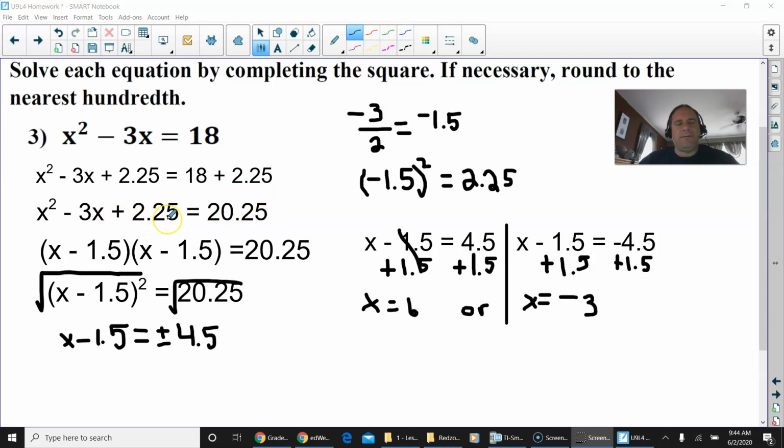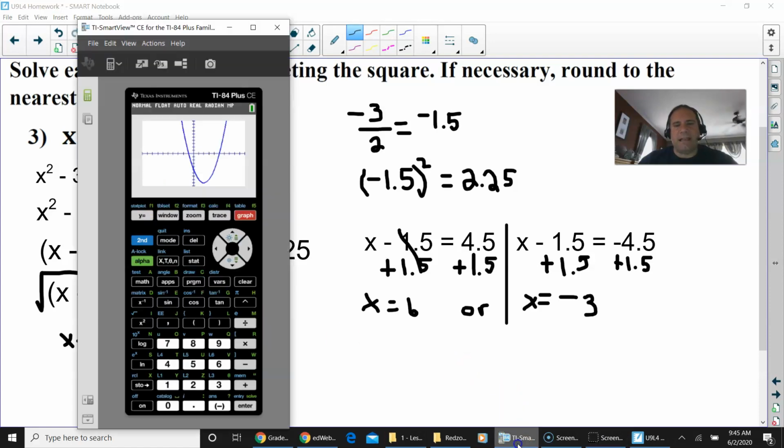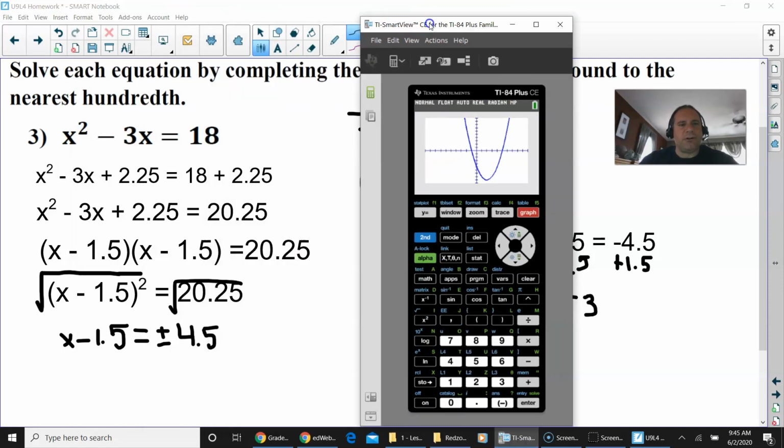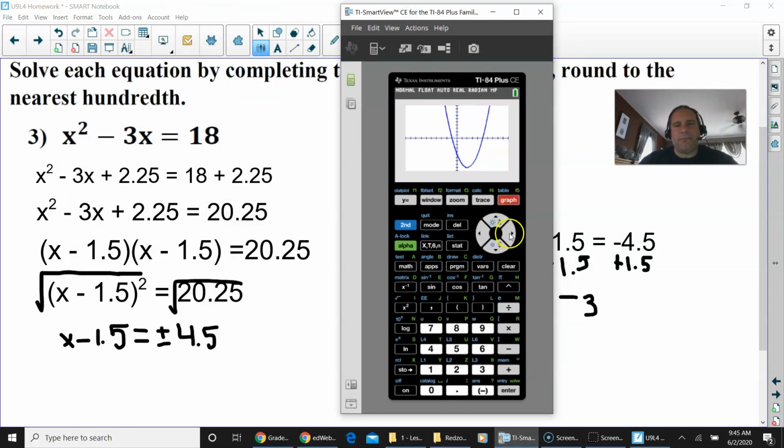If you factor the x squared minus 3x plus 2.25, you find out that 1.5 times 1.5 equals that 2.25. The way I did that is I just took my calculator, because I wasn't sure what times what would equal 2.25.